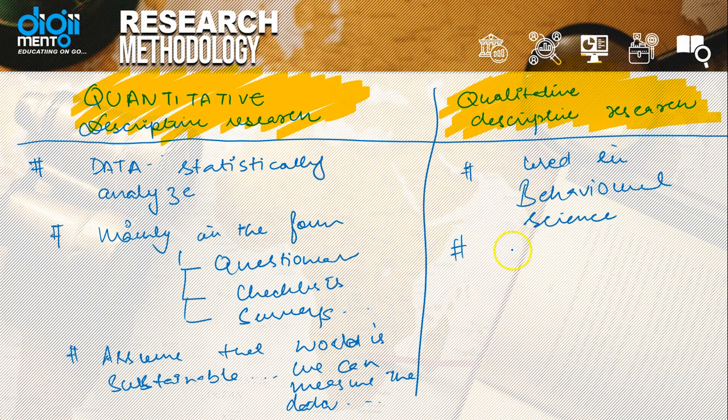So qualitative descriptive research is in the form of interviews and observations, and these two, interviews and observations, are not measurable. Questionnaires, checklists, and surveys we can measure, and in the qualitative we cannot measure it, we just analyze the behavior.